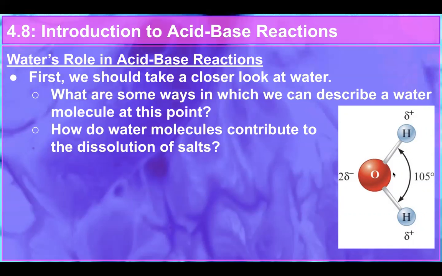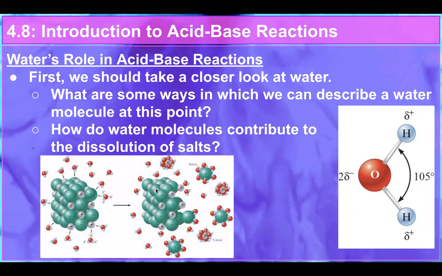Because of the difference between the electronegativity of our atoms in these bonds, the oxygen, which is more electronegative, is going to hold the electrons closer to it, making it partially negative and making the hydrogens partially positive. So when a salt is put into water, the water molecules are going to come along and break apart the ionic lattice, because the partially negative and partially positive ends of the water molecules will attract the positive and negative ions that make up the lattice.